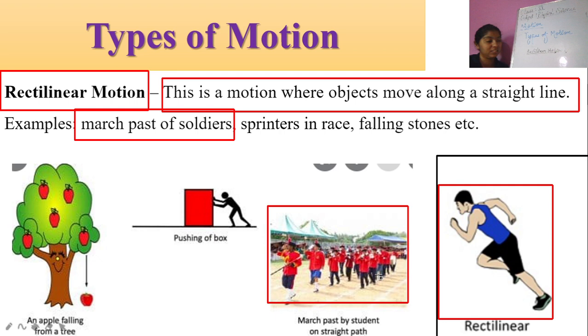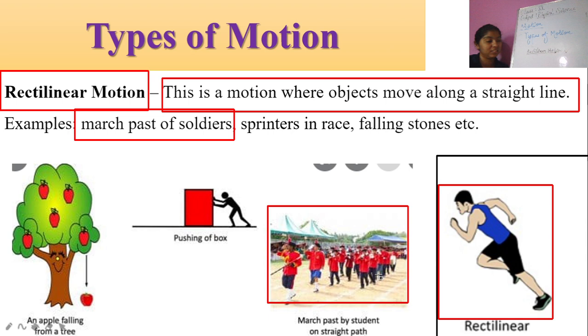Now students, you can see here a person is pushing a box. He is pushing the box in a straight line only. He is giving a push, so the box will go in that direction only. That way we can find the types of motion. First we have rectilinear motion.